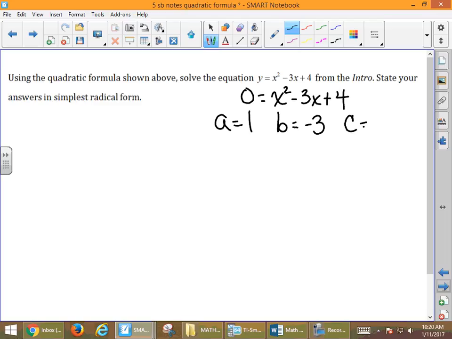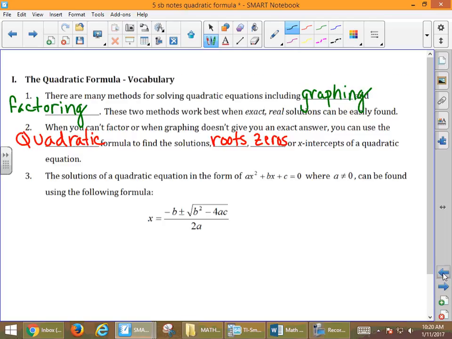C is the constant. We do need to have the quadratic equation written in this order: x squared, then the x term, then the constant. And if we do, then now we can put this back into our quadratic formula.